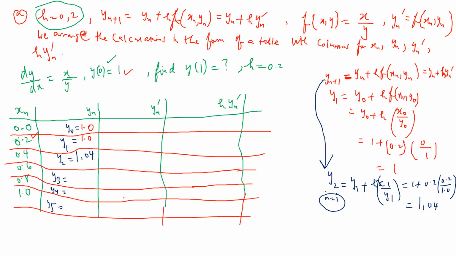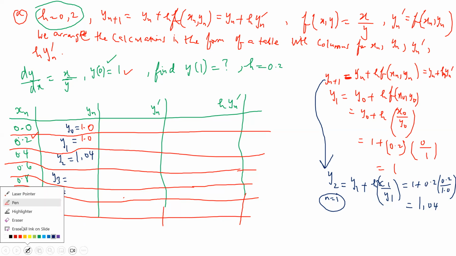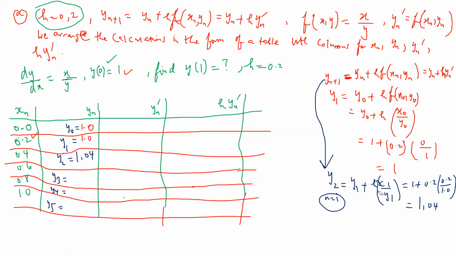Now, if you have this, let's do the next one. I'm going to use the eraser super fast. Now we're going to do y3, so just change these subscripts here, and change this.